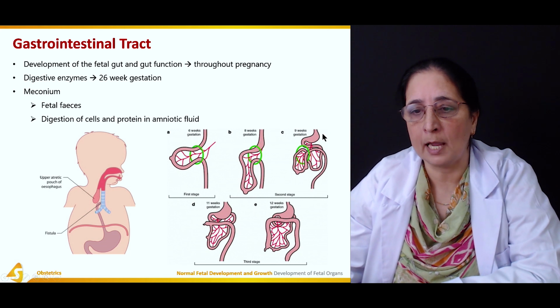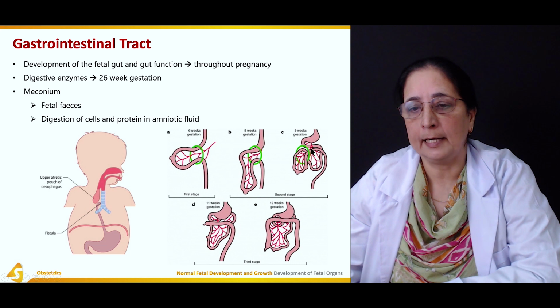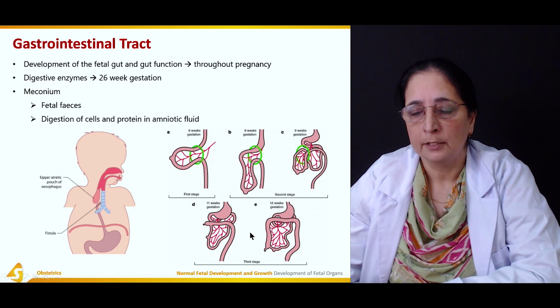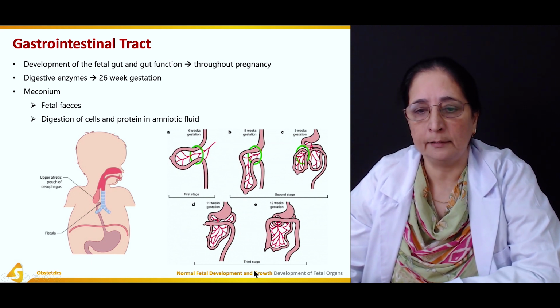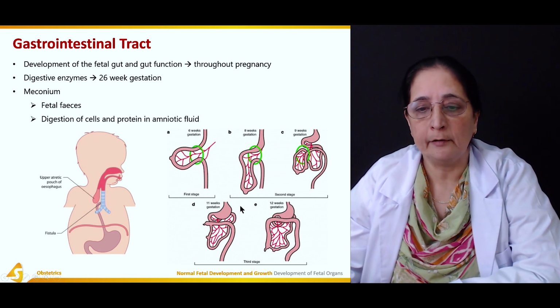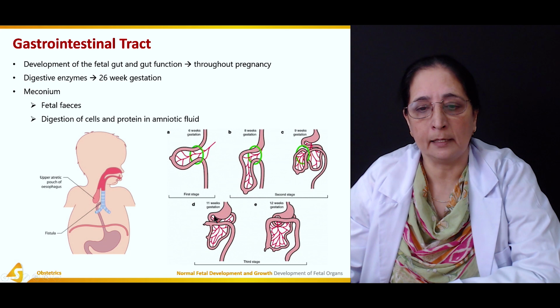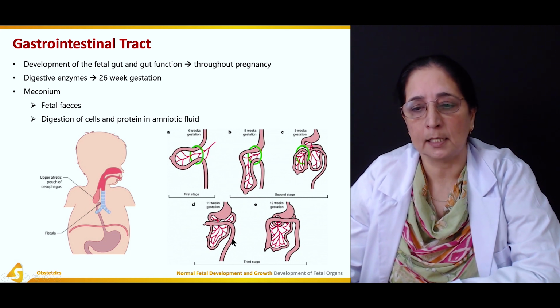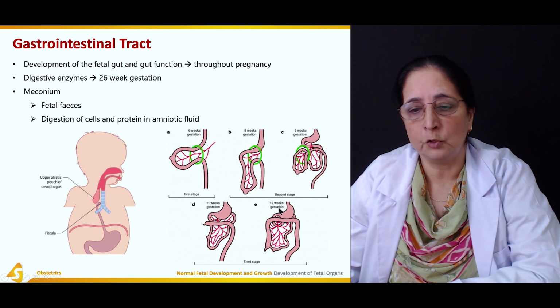Here at about 9 weeks gestation, more stomach and intestines are getting bigger and bigger, and then slowly the cord disappears. Then in the third stage at about 11 weeks gestation, there is stomach and there is small intestine and large intestine present, and about 12 weeks.